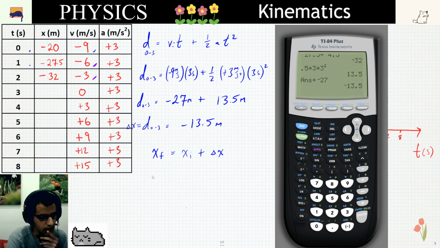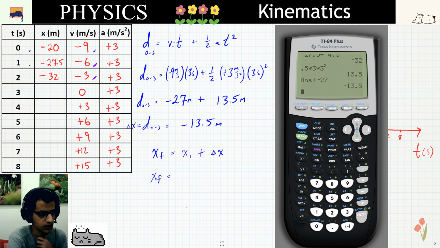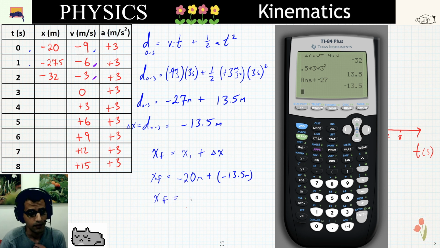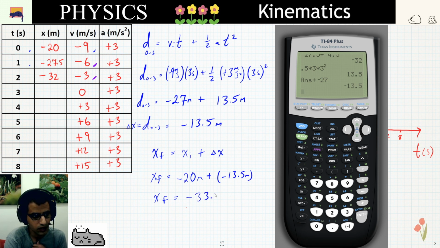And our final position will be, initial position at 0 is negative 20 meters, plus our displacement, which is negative 13.5 meters. That's going to give us a final position of negative 20 plus negative 13.5 will be negative 33.5 meters.